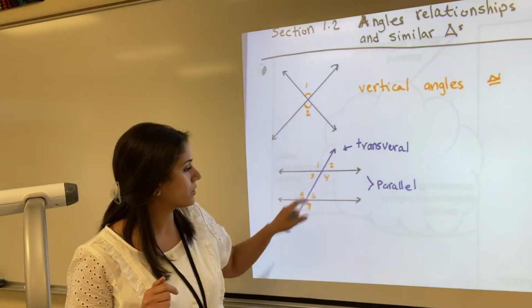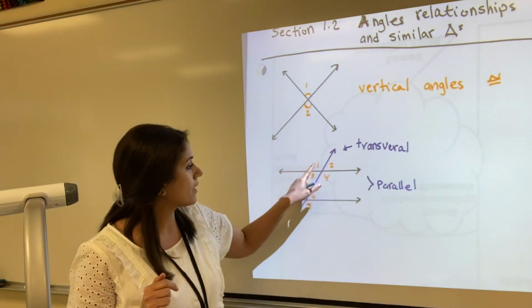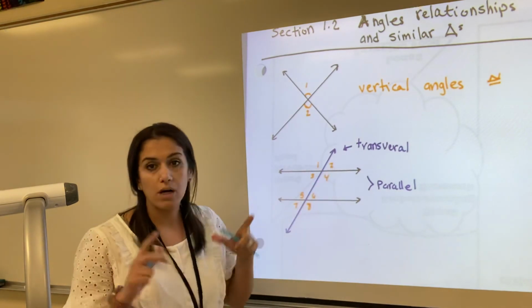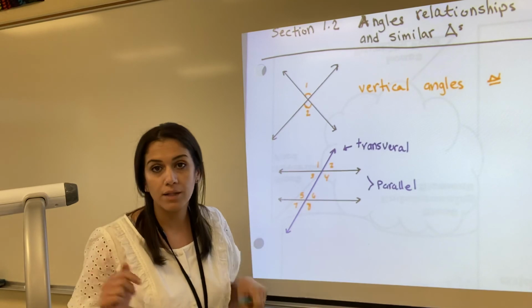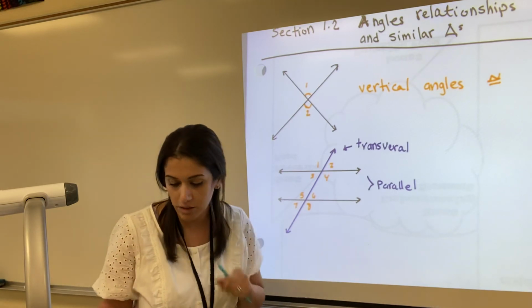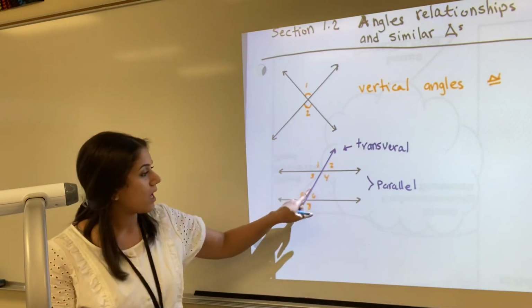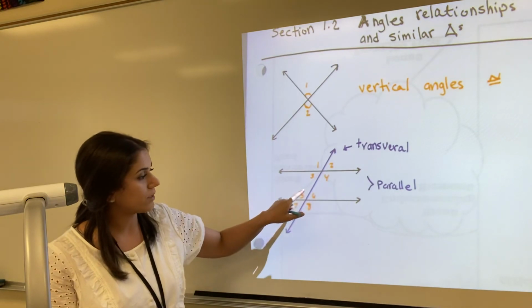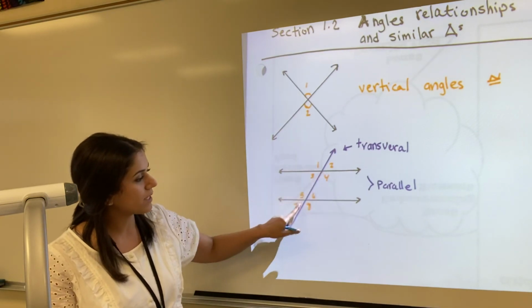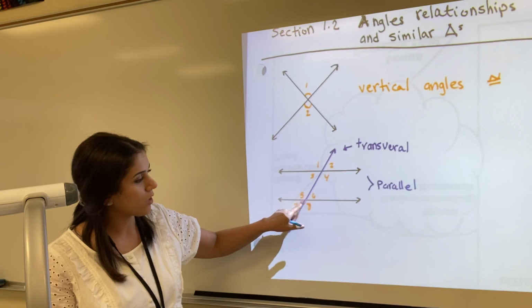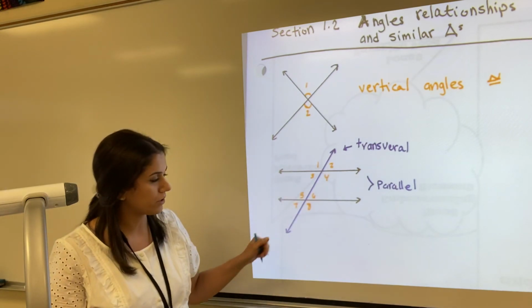They are called interior angles, and angles like these which are on the outside are called exterior angles. So first let's look at alternate interior angles. Alternate means they are on opposite sides of the transversal line.